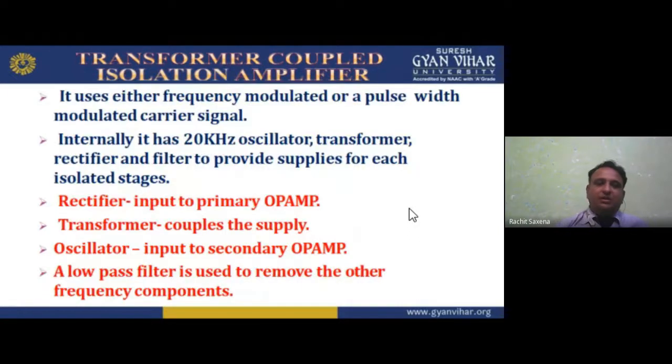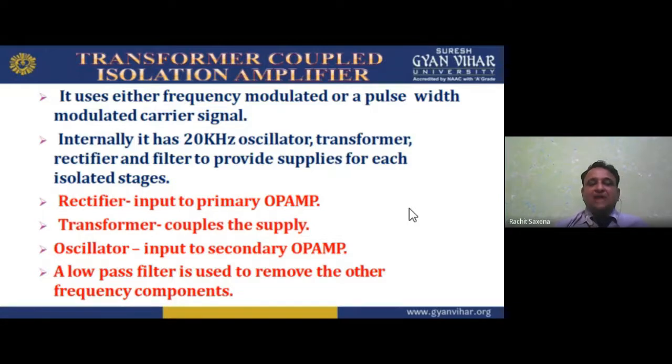Now, why do we use this, and what is a transformer coupled isolation amplifier basically? It uses either a frequency modulated or a pulse width modulated carrier. It takes the signal, because if I want to amplify the signal level, I need signals at the input.